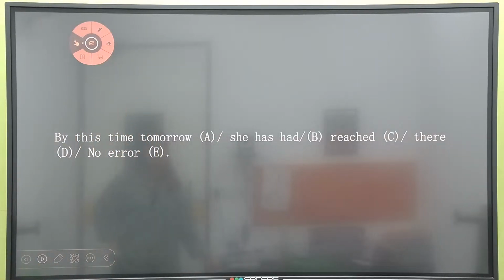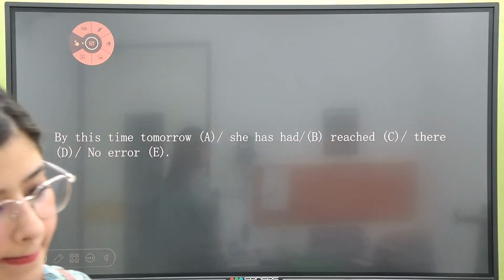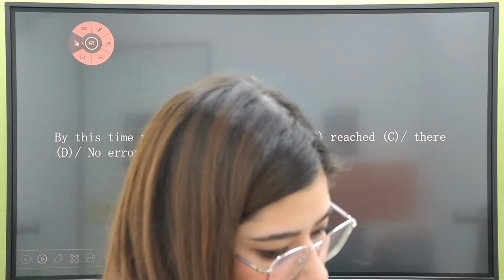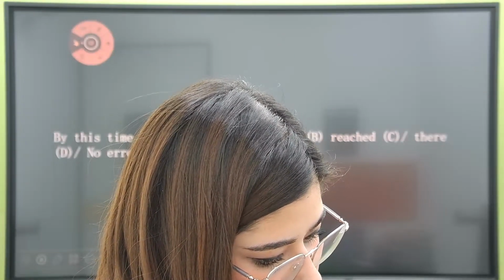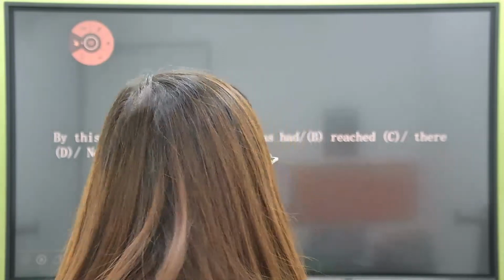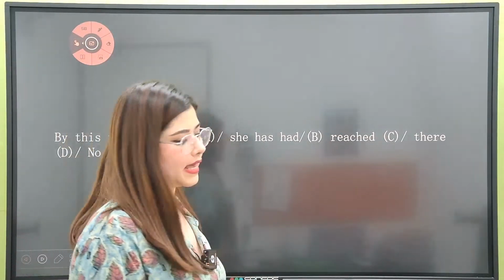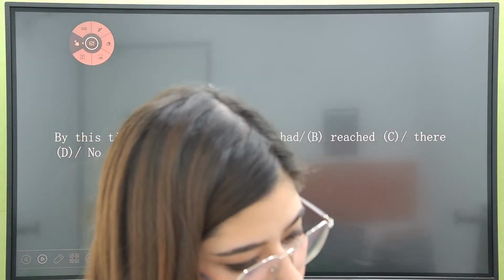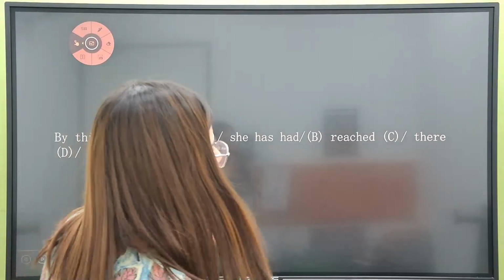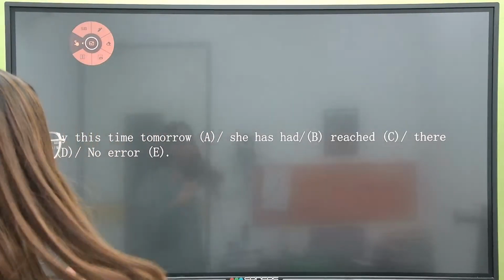By this time tomorrow, she has had reached there. Yes, by this time tomorrow, she will have reached there, would have reached there, must have reached there. Yes, all the options are correct. Good.